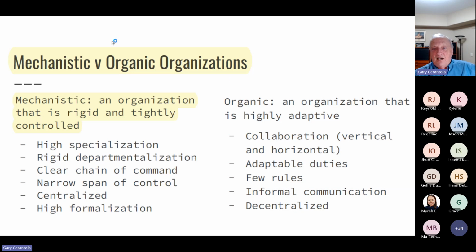So again, let's talk about mechanistic versus an organic organization. When I talk about mechanistic, I use Henry Mintzberg's term of machine bureaucracy. It's rigid and tightly controlled. It's got high specialization, rigid departmentalization so that it's controlled really tight. It's got a clear chain of command, narrow span of control, very centralized, and high formalization.